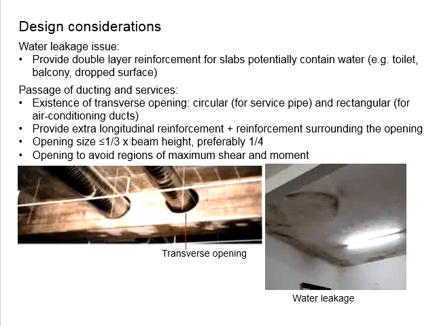Preferably, based on some research studies that you've seen in journal papers, most of them recommend not greater than 1/4 of the beam height. If you're talking about 1/3 of the beam size, for a typical beam of 600 mm, that means the maximum opening height must be less than 200 mm. Or if you're talking about 1/4, the maximum size will be 150 mm.